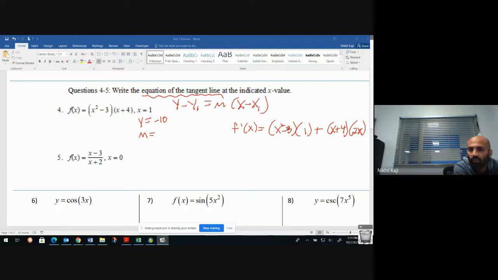So that'll be negative 2 plus, plug in 1, that's 5, 2, so that's 10. So negative 2 plus 10 is 8. So now I can get my final answer. Y plus 10 equals 8, x minus 1.